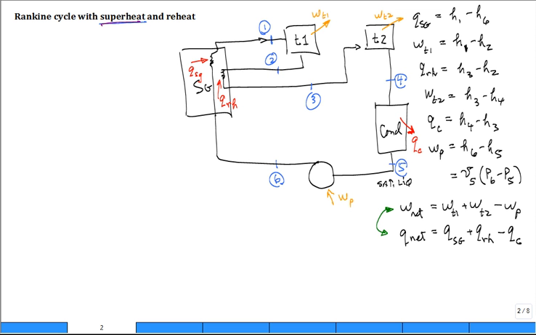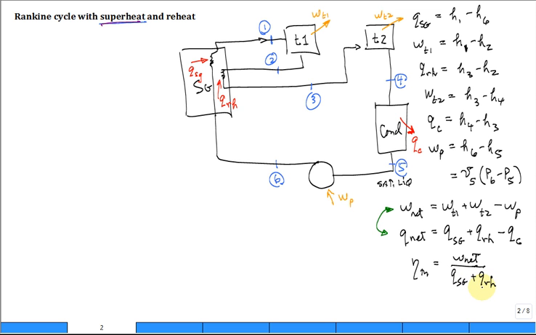Then after a lot of work, we finally get to properties that characterize the overall performance of the system. The thermal efficiency is going to be the work net out divided by only the heat in. I know that Q net is the net heat in, where you subtract off QC, but just the amount in is in the steam generator plus the reheat.